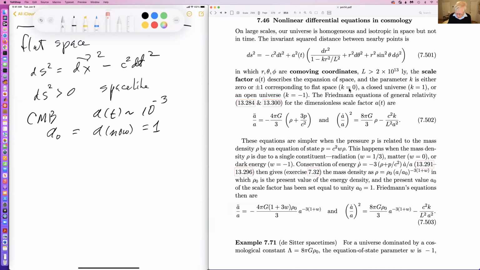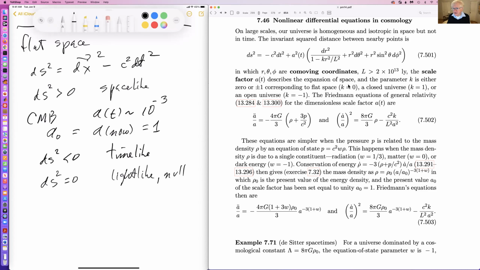Time-like is when ds squared is less than 0, and there a matter particle moving fast enough can go from one point to the other. And then ds squared equal to 0 is light-like, or null, as some people say. That's how light goes. ds squared is 0 for light signals, always.